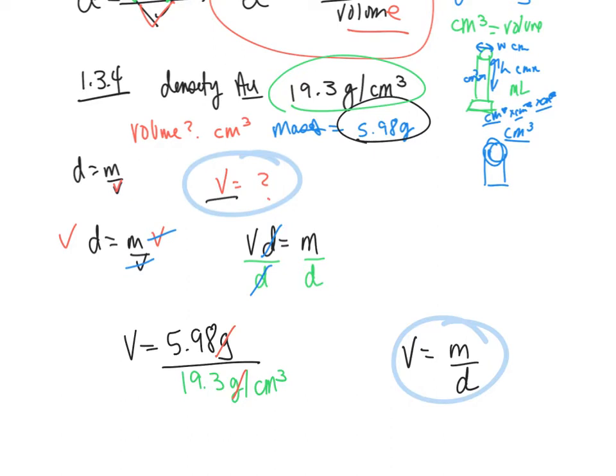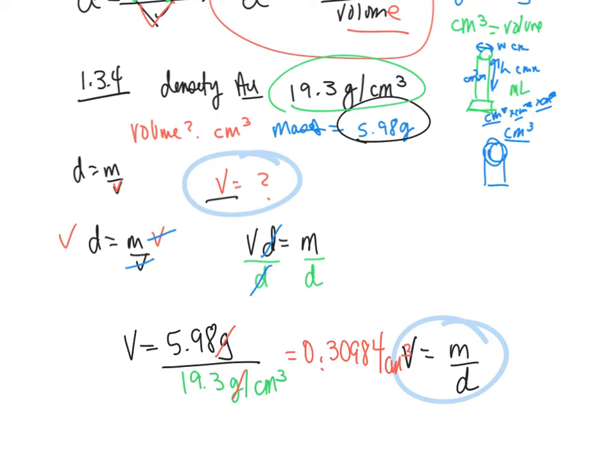And so now I get my calculator out, and I do 5.98 divided by 19.3, and the answer is 0.3098 centimeters cubed.